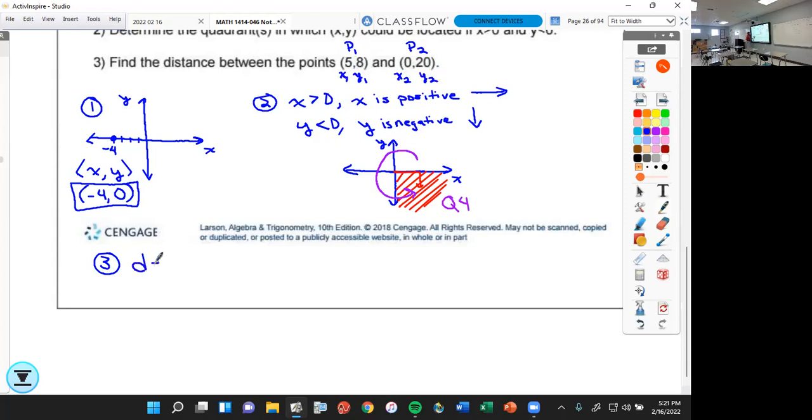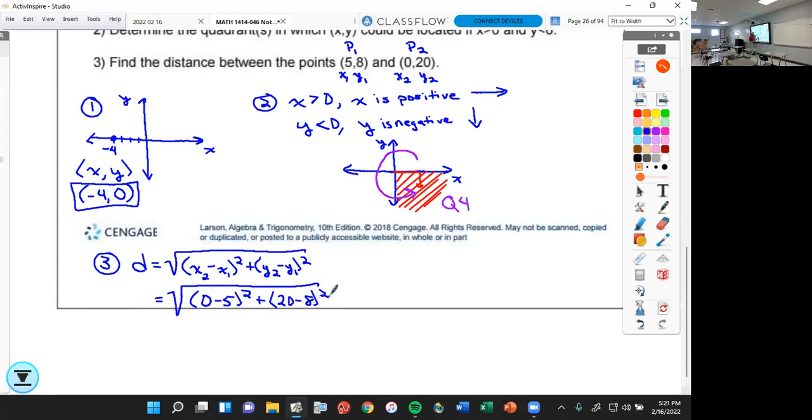So my distance formula is the square root of x sub 2 minus x sub 1 squared plus y sub 2 minus y sub 1 squared. Plugging my numbers in, I have the square root of 0 minus 5 squared plus 20 minus 8 squared.